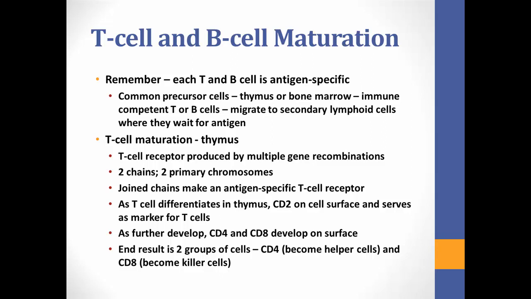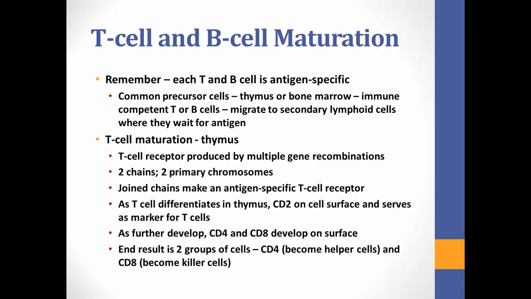The end result then is 2 different groups of cells: CD4 cells and CD8 cells. CD4 cells become helper cells, or T helper cells. CD8 cells become killer cells. So let's look at CD4 cells a little more closely, because they become the helper cells.